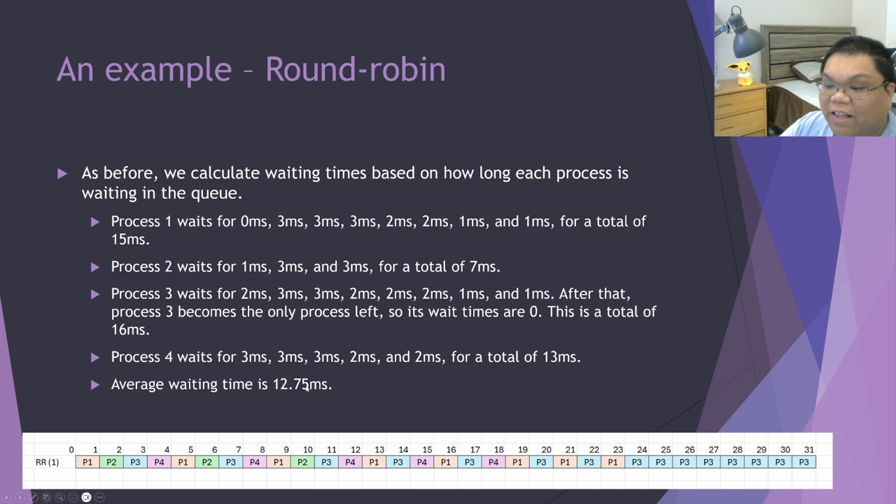Now the Gantt chart looks like this. It's even more chopped up. So process 1 waits for 0, 3, 2, 1, and 1 milliseconds to run. Process 2 waits for 1, 3 milliseconds to run.